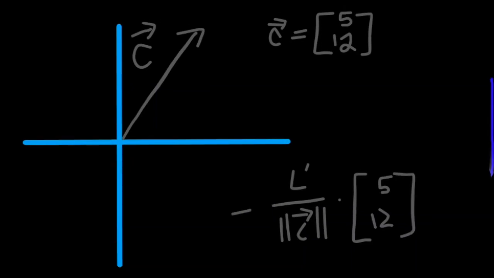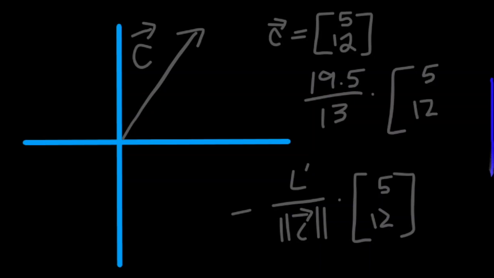By using this formula here, we can plug in 19.5, which is our desired length, over the magnitude of vector C, which since it's a Pythagorean triple, will be 13. And then we can multiply this by the vector 5, 12.